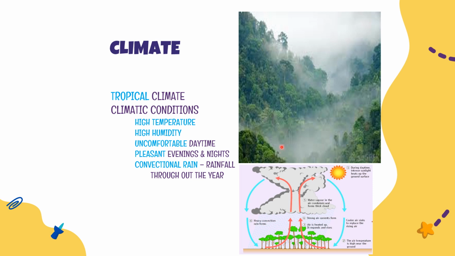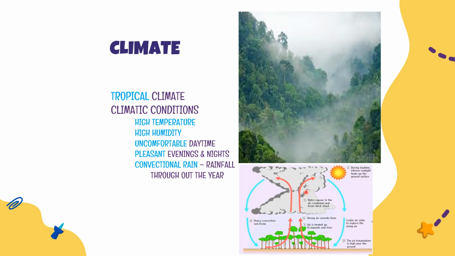Uncomfortable daytime means since it has high humidity in this region, they will be sweating a lot. That is the reason why it is called uncomfortable daytime. But the evenings and nights will be pleasant, because they do get rainfall in the late afternoons. Almost every day they get rainfall. That rainfall is called convectional rainfall.